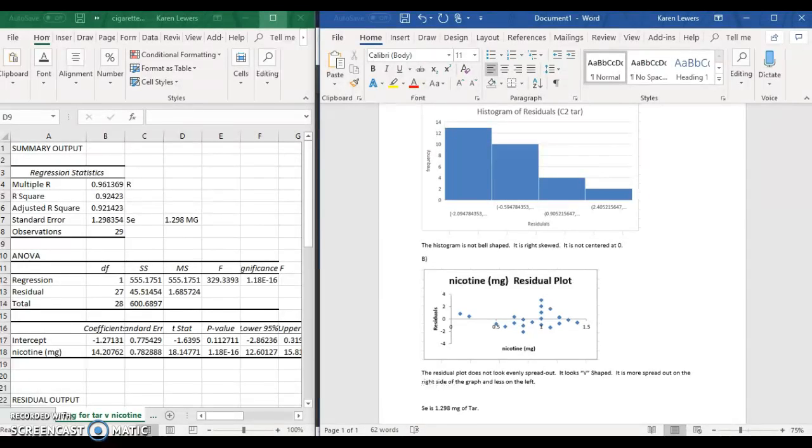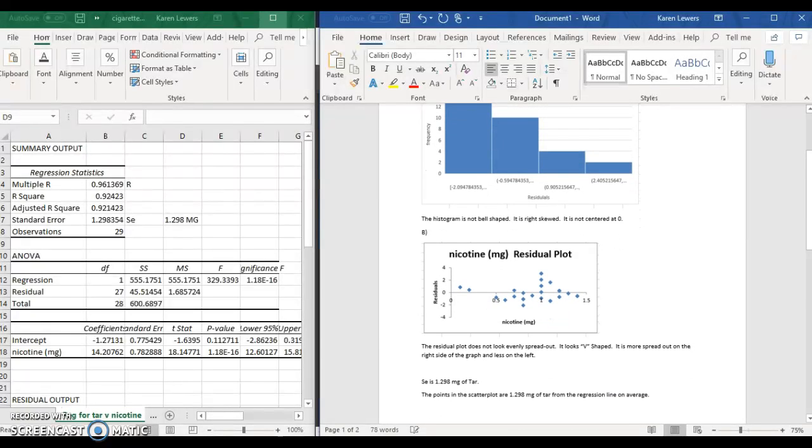And what that means is the points in the scatter plot are 1.298 milligrams of tar from the regression line on average. In the second interpretation, the bullet point number 2 from that last section.